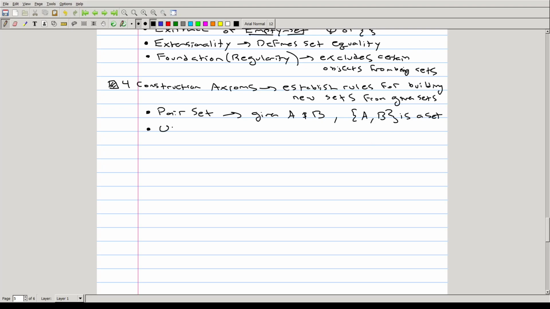We have the union set axiom to allow us to take the union of sets. The union is an operation that we'll get into a little bit later.